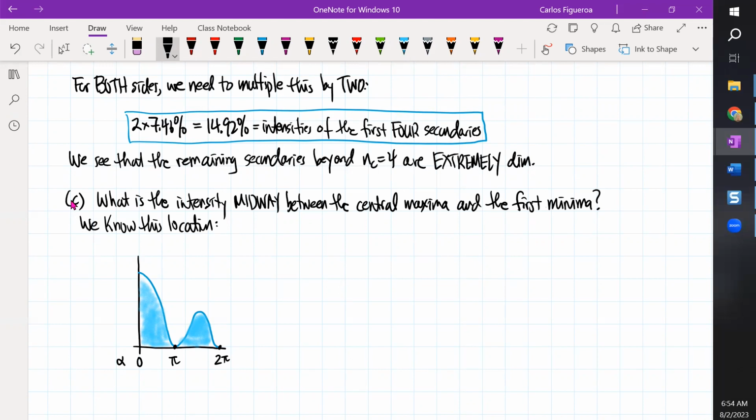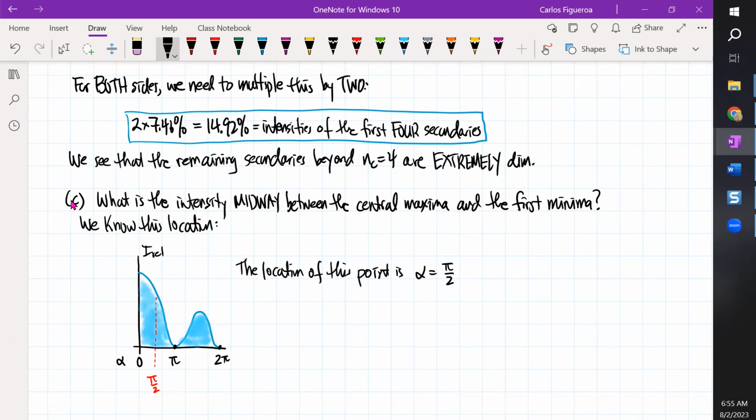So exactly the middle between these two has to be pi over 2. Now that I have that, I know the location of alpha. So the location of this point is alpha, which is then going to be pi over 2.